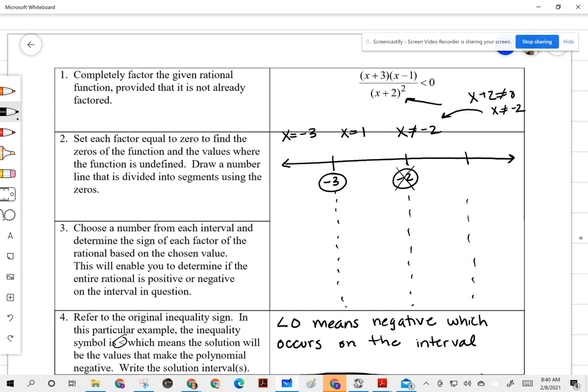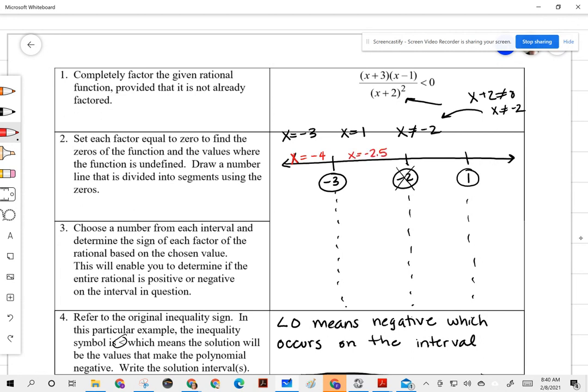And then I've got x is equal to 1. Okay. And so here I'm going to pick, oops, I want that a different color. x is equal to, I'm just going to do -4. Here I'm going to do -2.5.